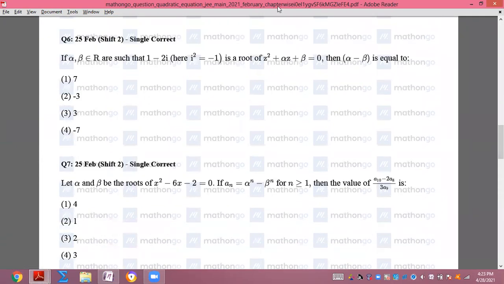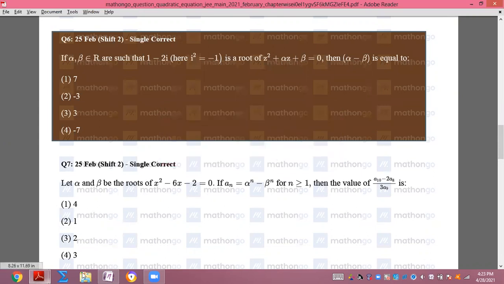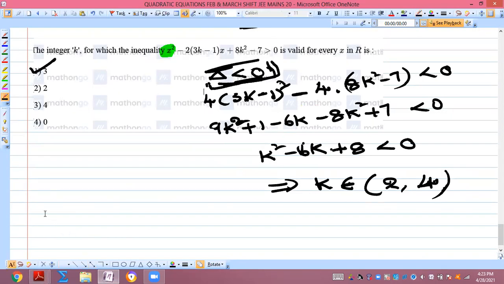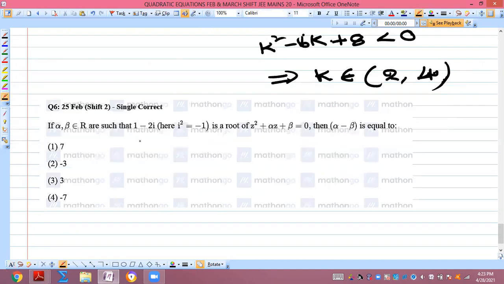Then, yeah, this is a quadratic equation question actually. They gave one root for the equation, that is a complex root. Alpha, beta belong to capital R such that 1 minus 2i is a root of this equation. 1 minus 2i is the root of the equation means if you substitute that 1 minus 2i, it should satisfy.